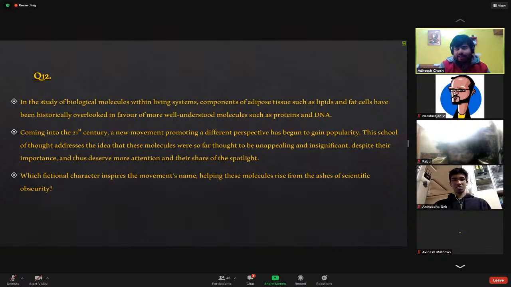And recent research has gone a lot into these molecules. So, which fictional character inspires this movement's name, helping these molecules rise from the ashes of scientific obscurity? Try to think about this concept.